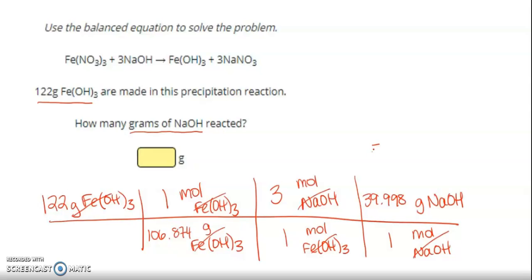When you do that, you're going to get the grams NaOH, and that's 136.98 grams NaOH. I'm going to round that to 3 sig figs, so 137 grams is the answer. And remember, for this one, you did have more steps than last time. So every time on stoichiometry problems, you just need to figure out where can I go next and keep going until you get to your unknown.